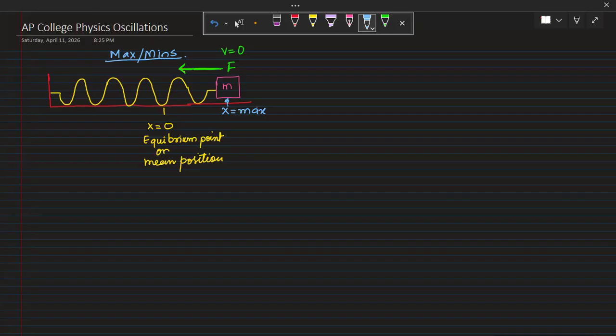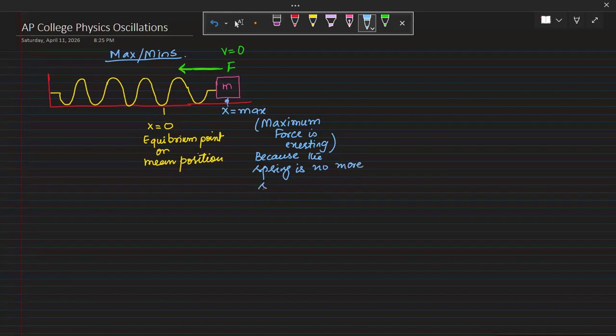So since it is at maximum point, this is the maximum force. Maximum force is exerting because we are unable to stretch it more, right? Because the spring is no more stretched.